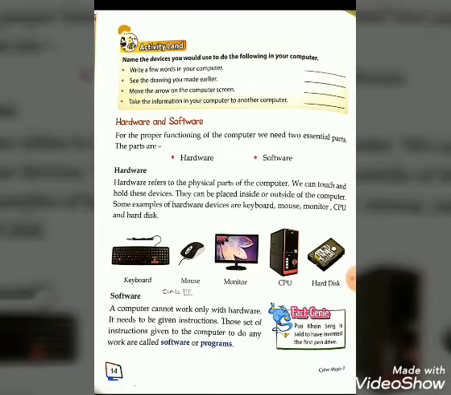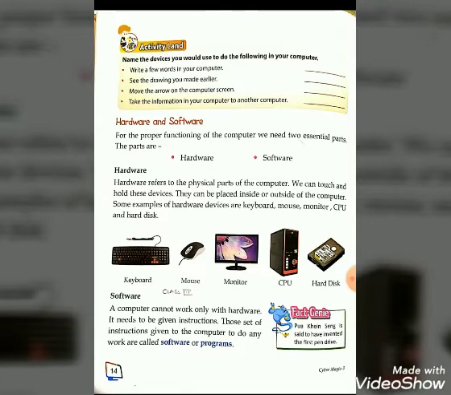As you know, my dear students, for the proper functioning of the computer, we need two essential parts, that is hardware and software. Here first we are going to study hardware.